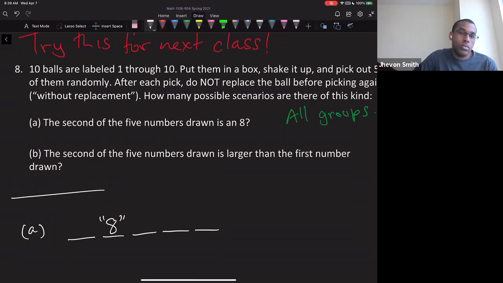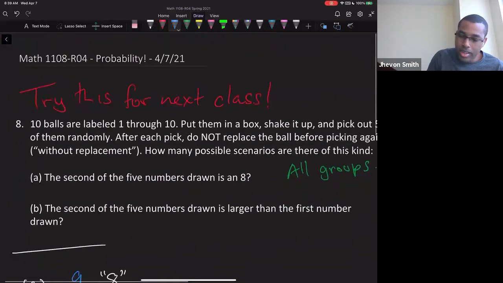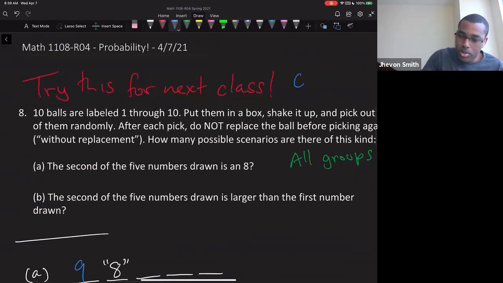Would it be 9 choices? You'd have 9 choices. Remember again, numbers in blue are choices.